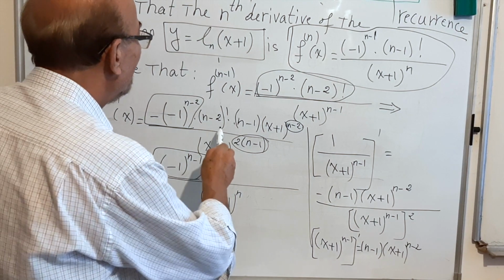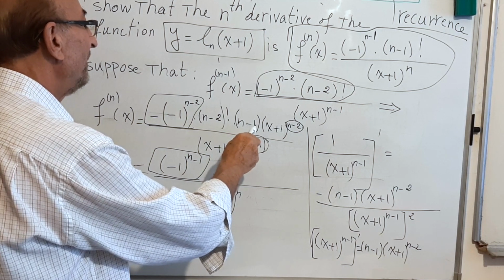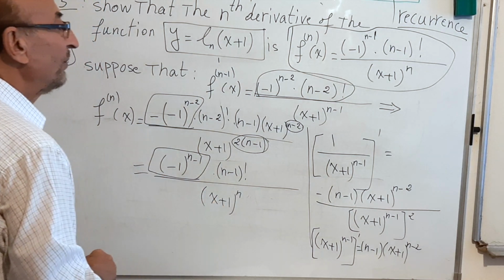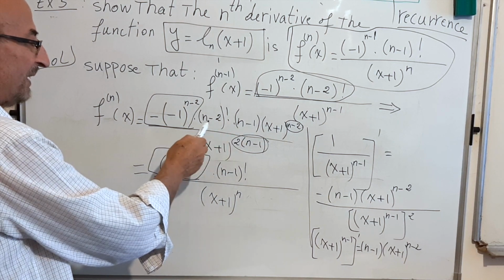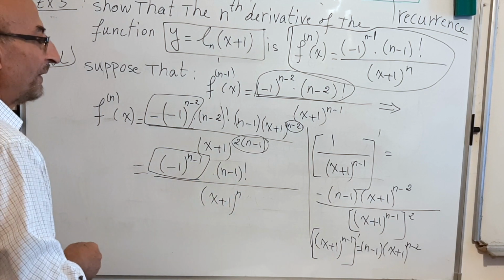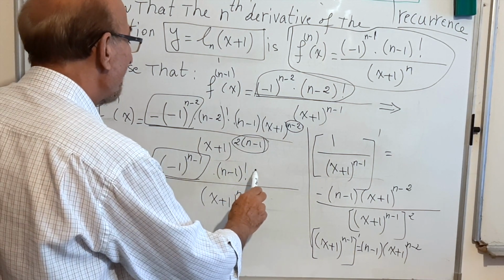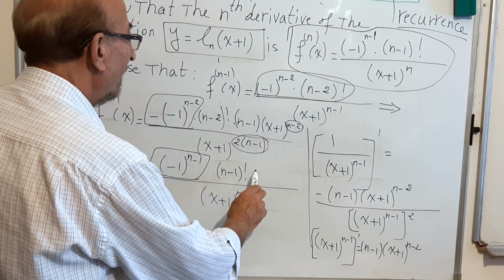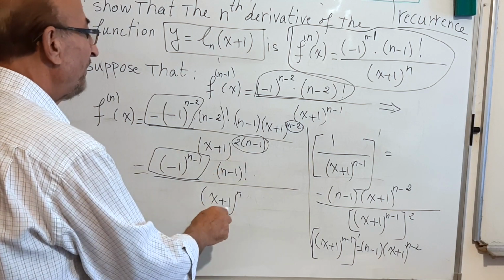Times, now, n minus 2 factorial times n minus 1 is n minus 1 factorial. N minus 1 times n minus 2 factorial is n minus 1 factorial. Times one over x plus 1 to the power n.